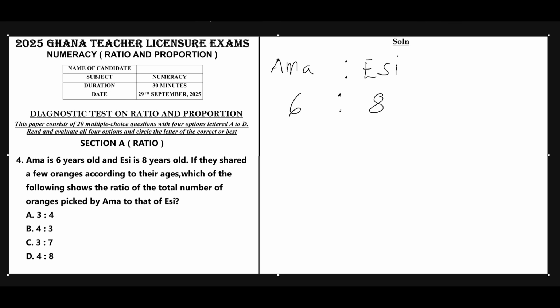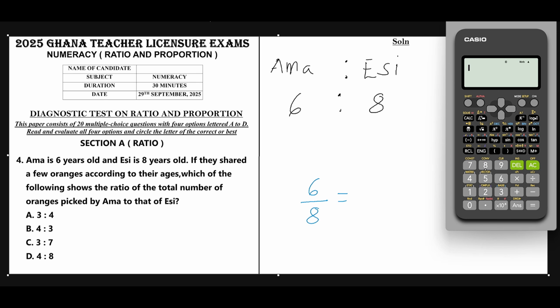6 to 8 can also be expressed as 6 out of 8. And as we said, anytime you are working with common fractions, you must make sure that your final result is in the lowest form. So let's reduce 6 out of 8 to the lowest form. So we have 6 out of 8. We press the equal sign.